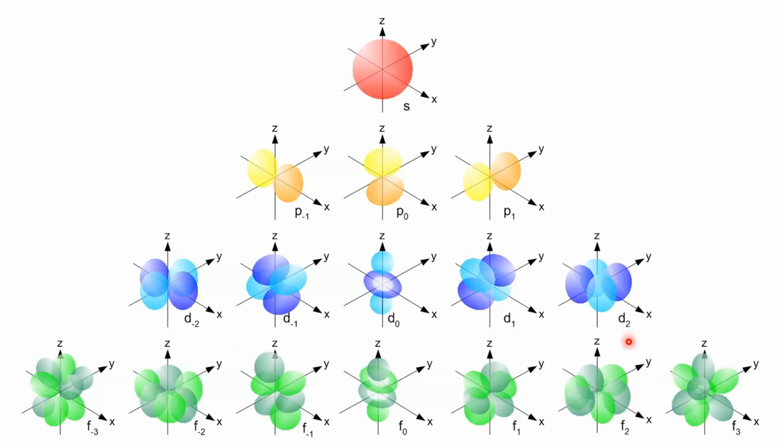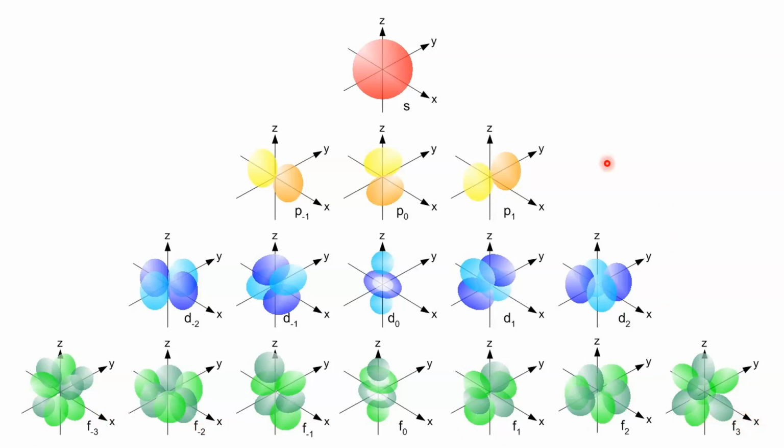And with our f orbitals, the principal quantum number has to at least be 4 in order to have an angular momentum quantum number equal to 3, which would be the f. And then we have -3 up to 3.